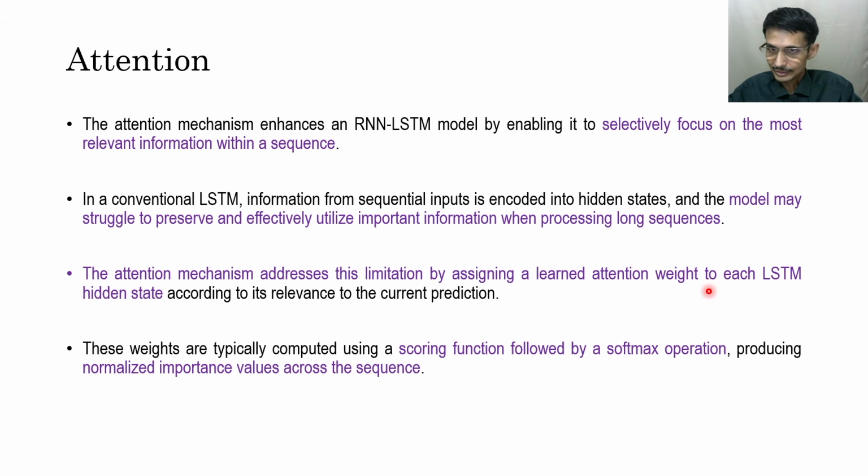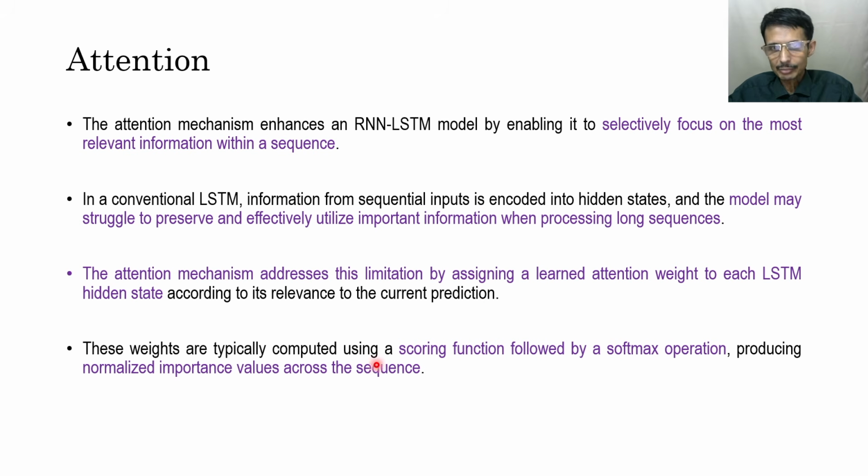The attention weight says which word, or which state of the LSTM, that means a particular word in a sentence, is more important according to its relevance to the current prediction. Given a particular word to predict, we have to find out which of the previous words is more influencing, more important, more relevant. That is learned by this attention mechanism.